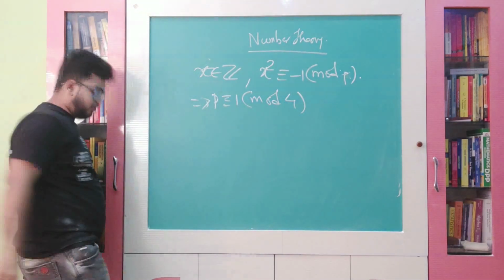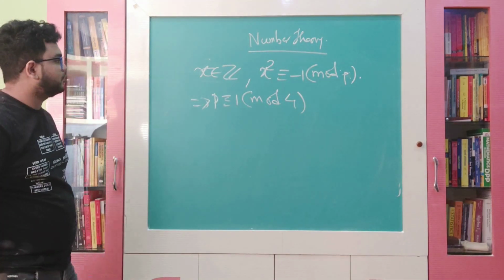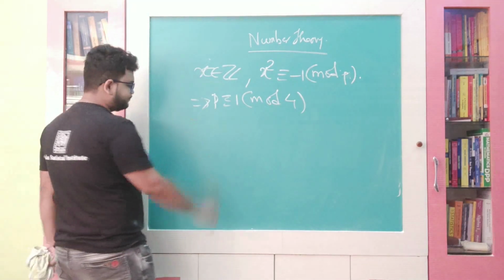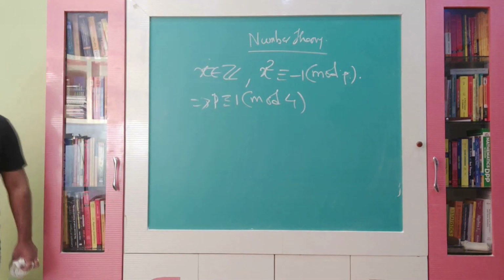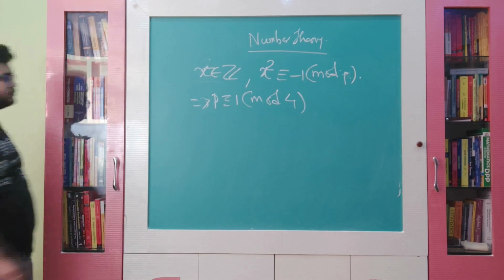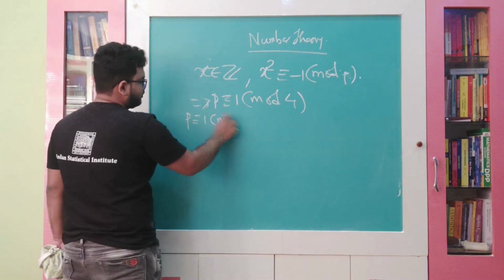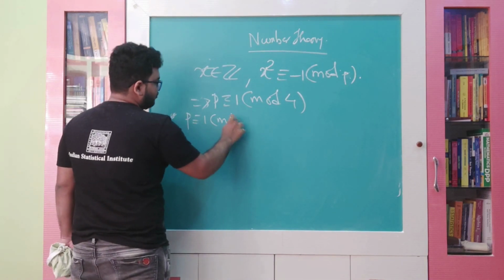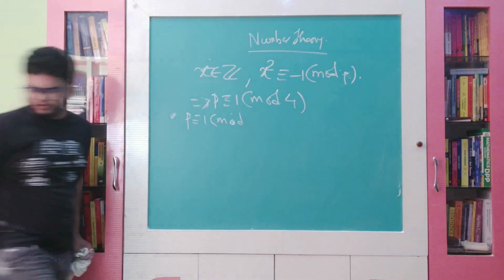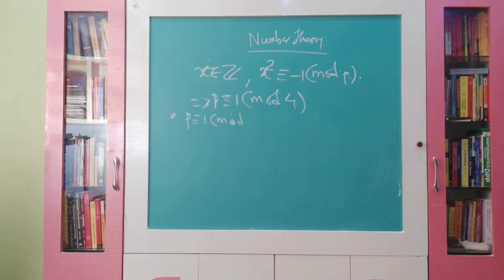This implies p is not congruent to minus 1 modulo 4. And if P is congruent to 1 mod 4, is there another result for 1 mod 4 or something else? Try to see.